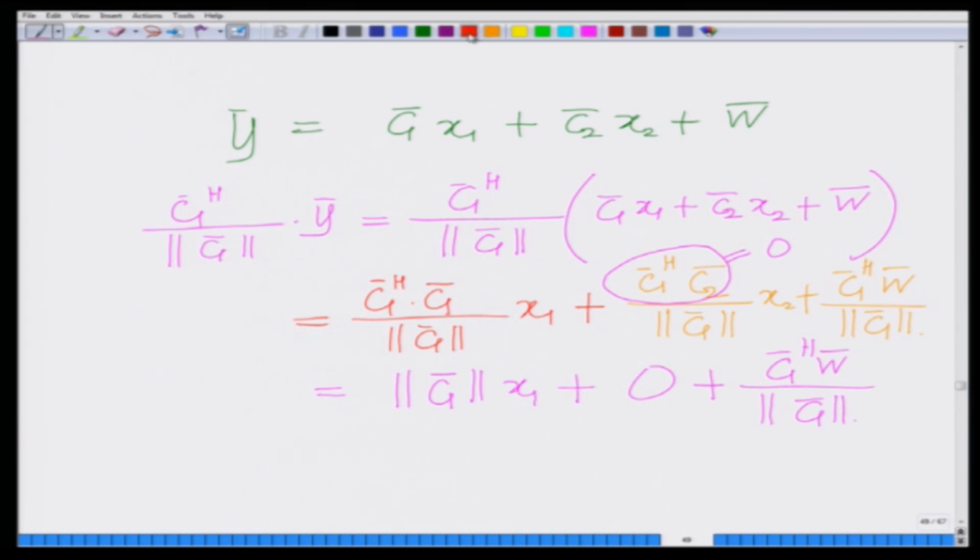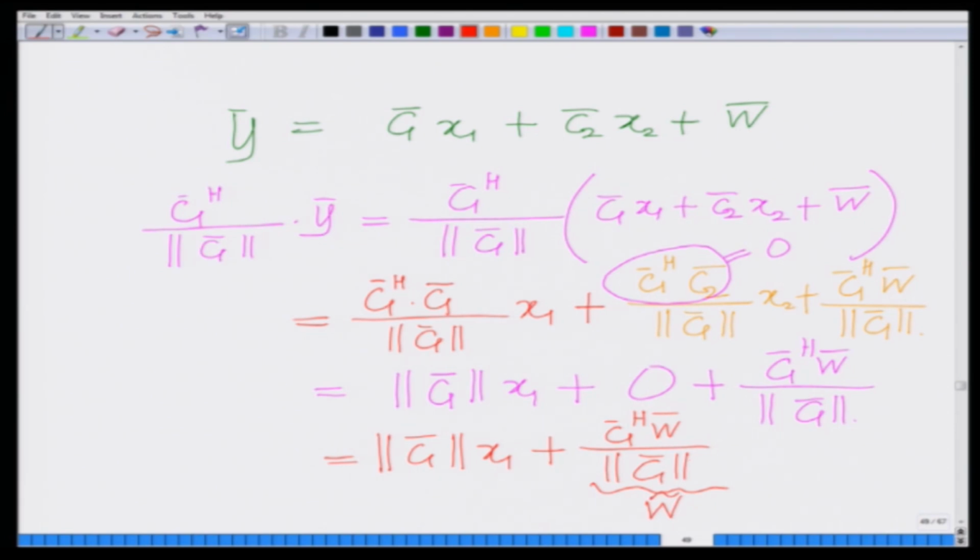C1 bar. So what we get is an interesting equation: norm C1 bar times x1 plus C1 bar Hermitian W bar divided by norm C1 bar. I can call this my noise W tilde.